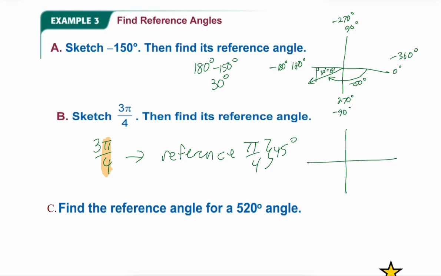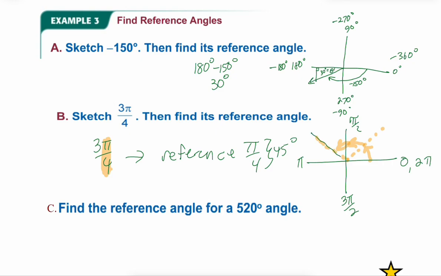This is 0 radians. This is a half of a pi, because it takes us a full pi to get to there. This is 3/2 of a pi, and this is 2 pi. Okay, so where is 3/4? That's 1/4, 2/4, 3/4.